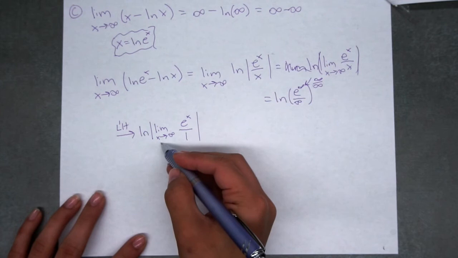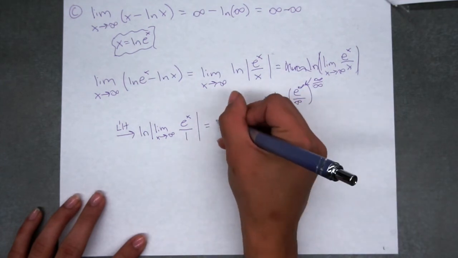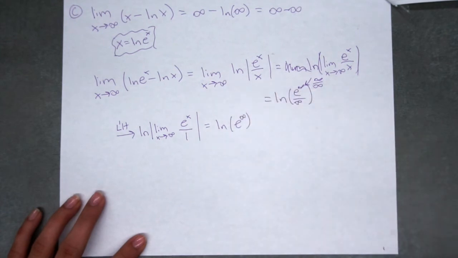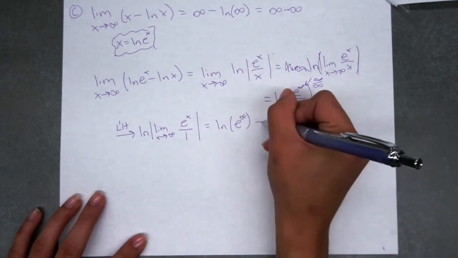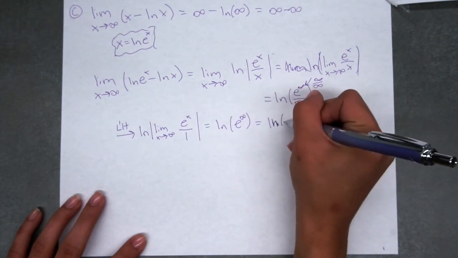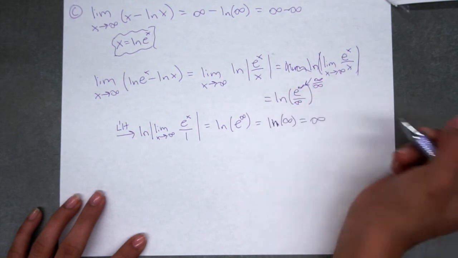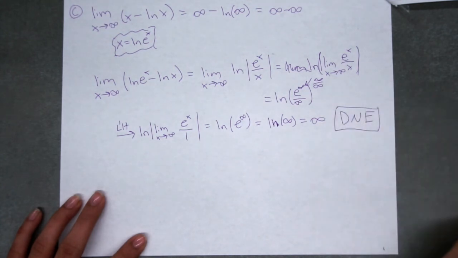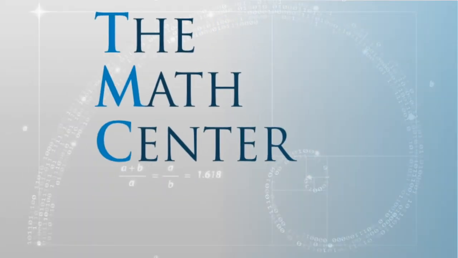So now if we plug in infinity, we would end up with natural log e to the infinity power. And e to the infinity is infinity, so we're left with natural log of infinity, which equals infinity. Therefore, the limit does not exist.